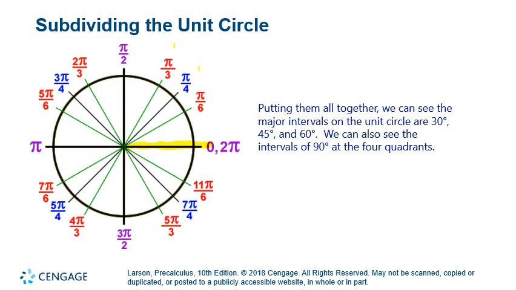If you think about it, we talked about reference angles. This would also be 30 degrees, 45 degrees, and 60 degrees from 180. So all of these 30, 45, 60 intervals exist in the other quadrants. They just differ by a sign change, depending on positive, negative in that quadrant.